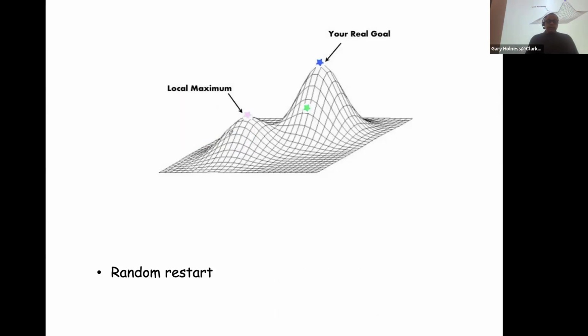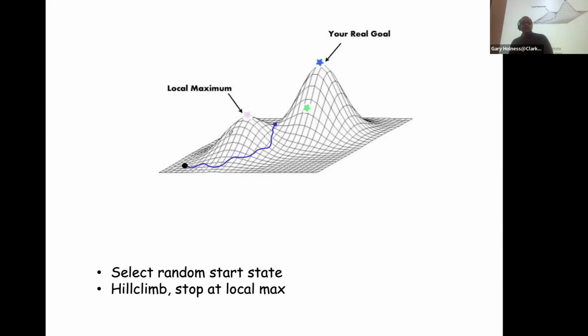Okay. Then there's also random restart. Now, with random restart, you're probing and exploring this landscape, hoping to find an alternate pathway. So random restart says, I randomly select a start state. Yeah, you're at a start state, but you randomly select a start state. And then you run hill climbing, this gradient ascent, stopping at a local maximum. And in the best case, you hit your goal. Okay, that's good.